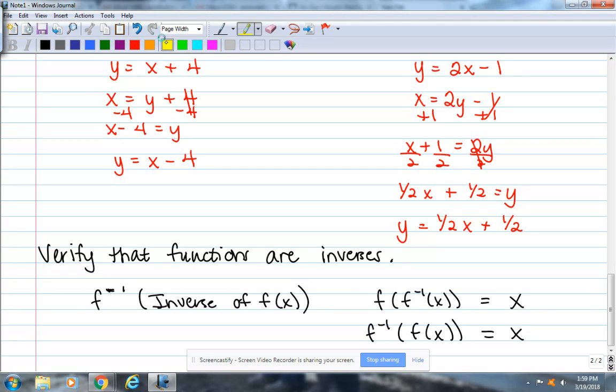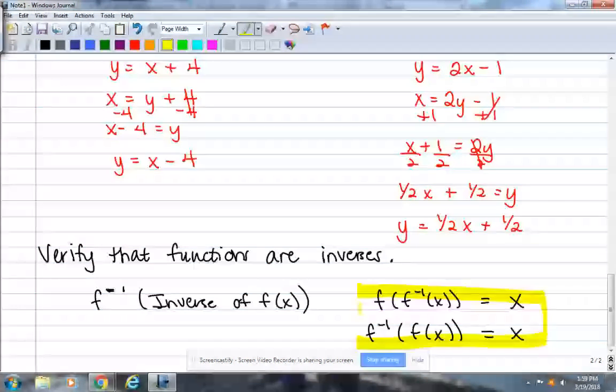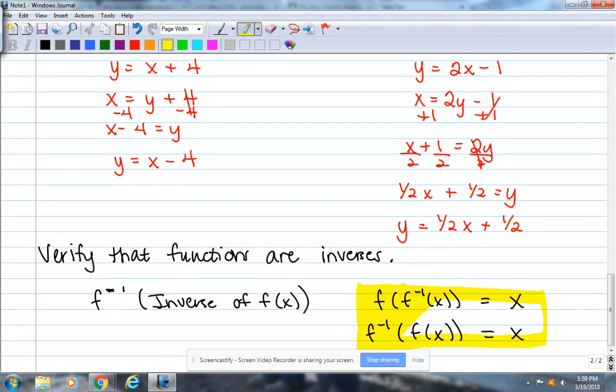So if you take two functions and compose them and do function composition and you get equal to x, then it's true that one is the inverse of the other. They are inverses if you do composition and it equals x. If it does not equal x, they are not inverses.